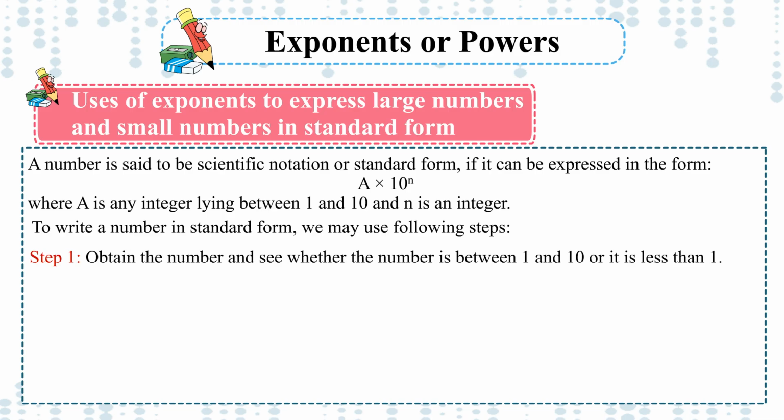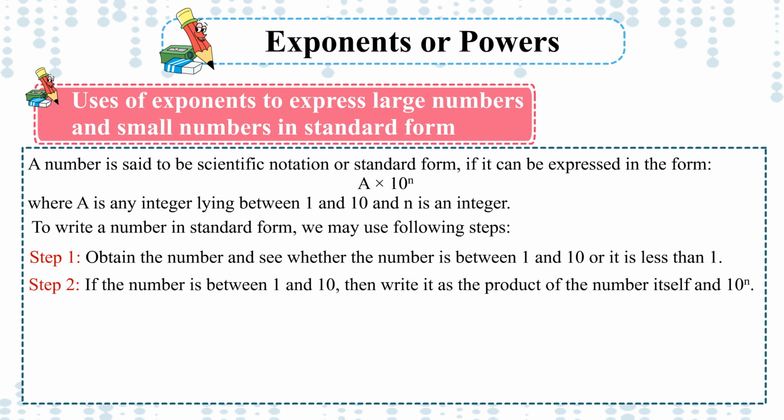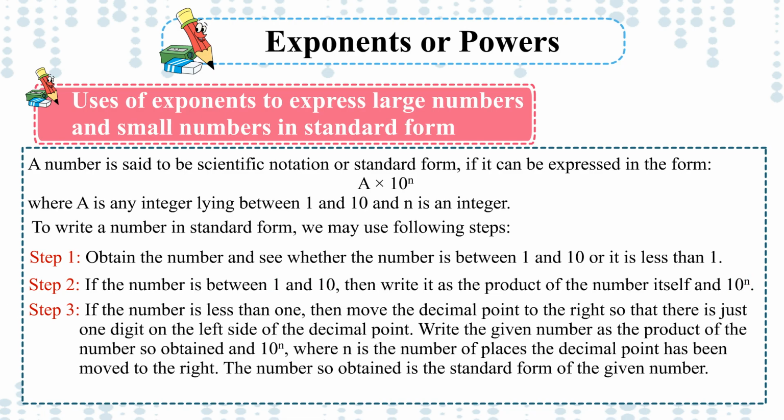Step 1. Obtain the number and see whether the number is between 1 and 10 or it is less than 1. Step 2. If the number is between 1 and 10, then write it as the product of the number itself and 10 raised to the power 0. Step 3.